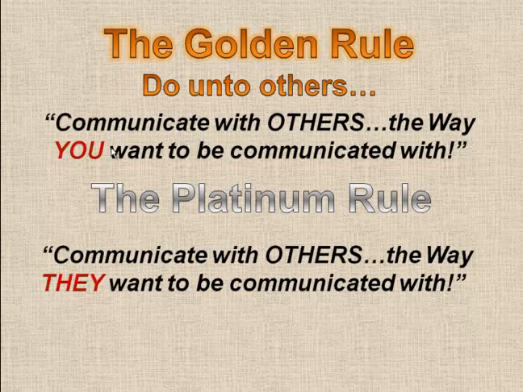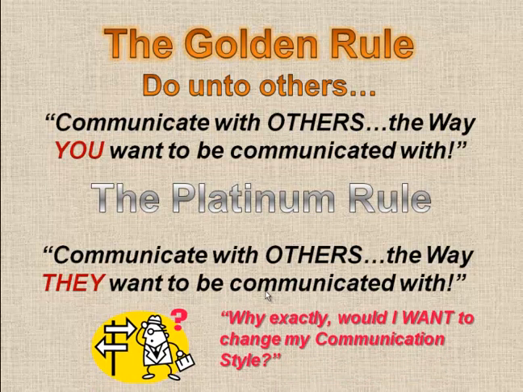So if you like details, give everybody details. If you don't like details, don't give anybody details. But the platinum rule says, wait a minute. Use what you've learned here to identify the other person's style and then connect your idea, your message, link it to their style, the way they want to be communicated with.